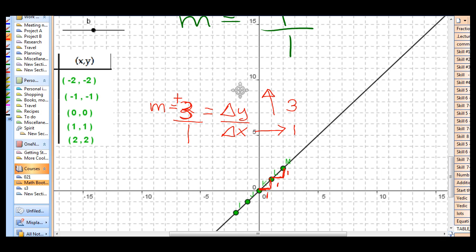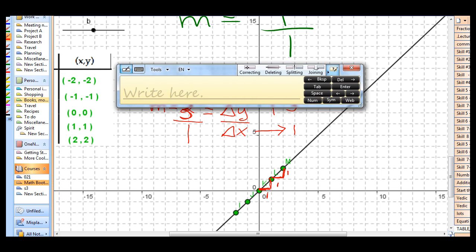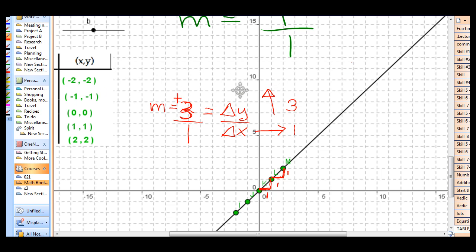Let's do purple. Let's try blue. So if I start with my y-intercept, let's say we have the same y-intercept at 0, but now my slope is 3, so I'm going to go to the right 1 unit, and I'm going to go up 3.